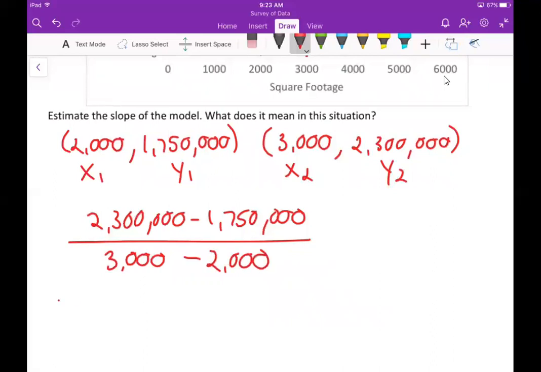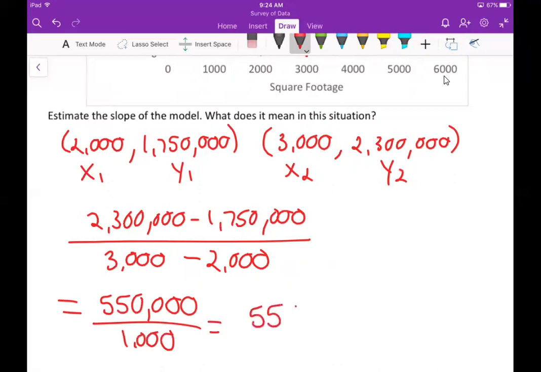We end up here then with taking that subtraction. Doing that in my calculator real quick, and you would do your subtractions as well. I get a difference of 550,000 in my numerator over 1,000 in my denominator, and that gives me 550.